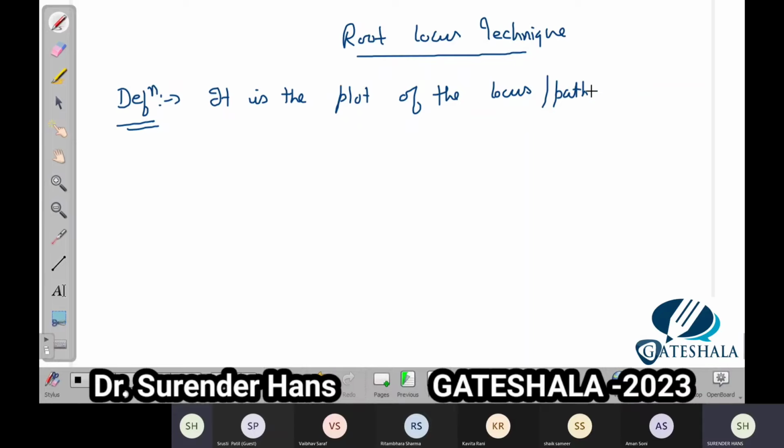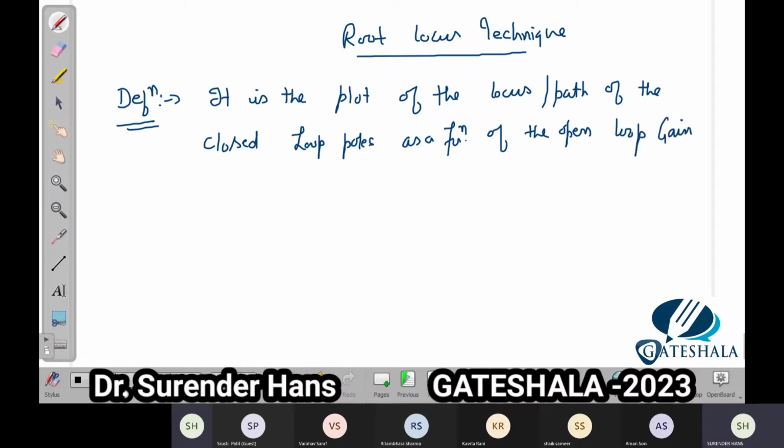So it is a plot of the locus of the closed loop poles as a function of the open loop gain. This open loop gain is K.